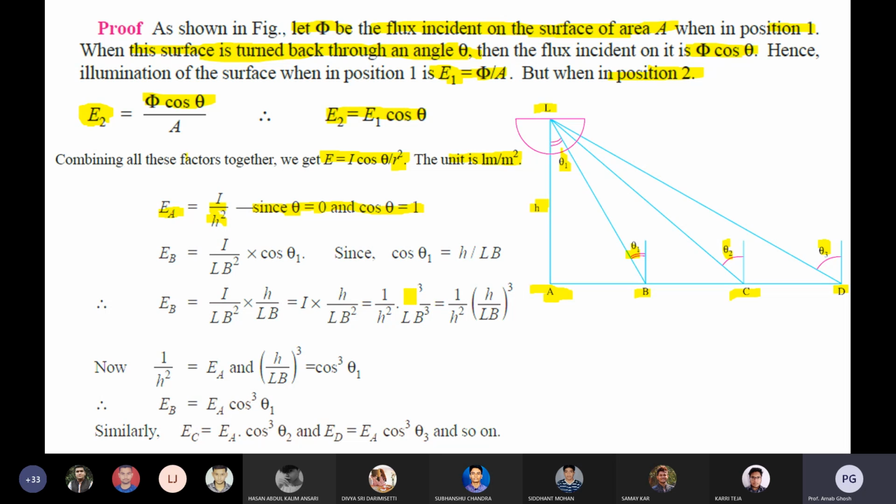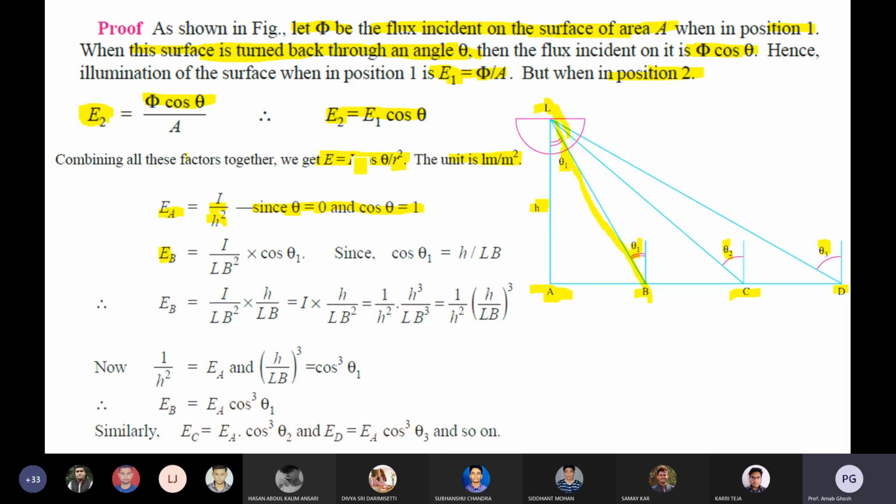Now what happens for position B? Using the direct formula, EB equals I by LB squared into cos theta 1, where L is the lamp position and LB is the distance, the hypotenuse.